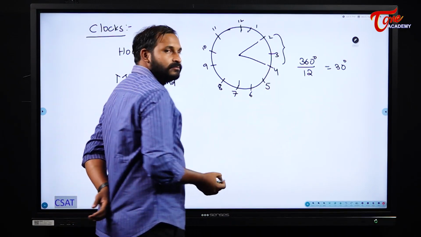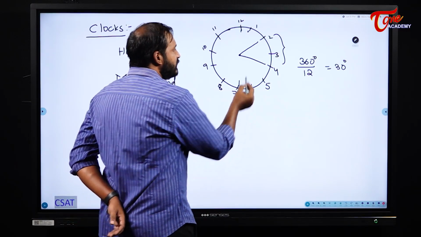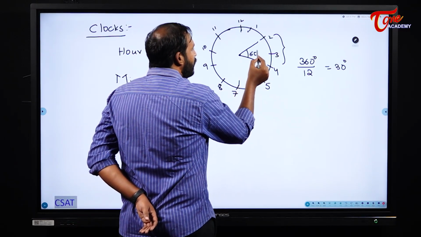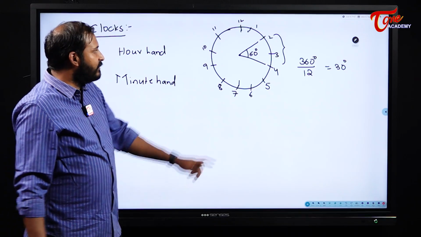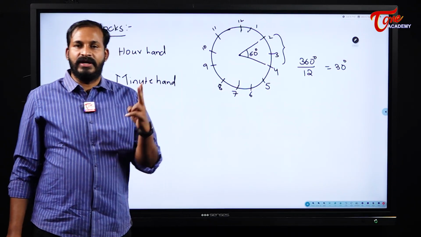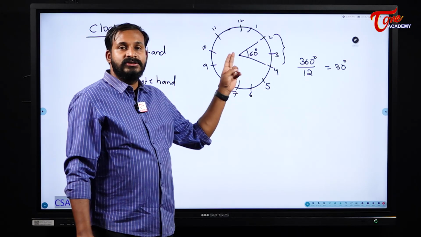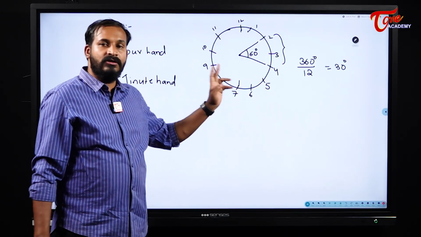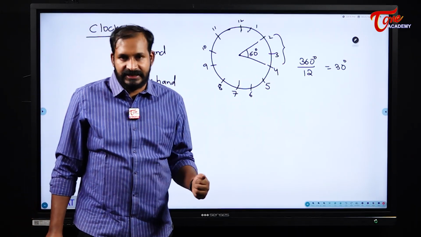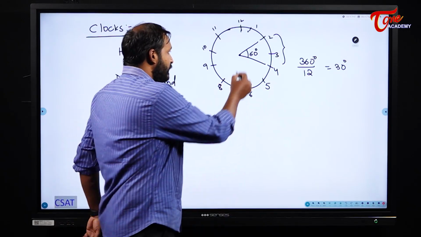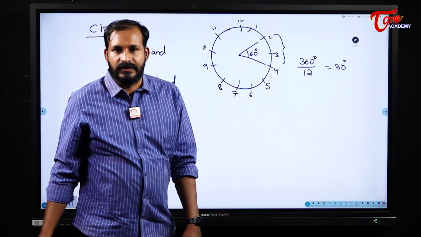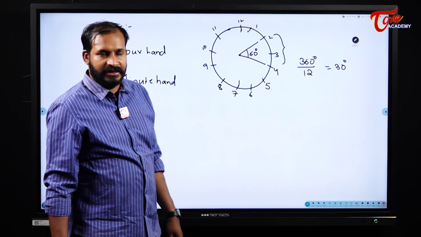Two parts, right? That means it will travel 60 degrees. Why? Because between 2 and 4 we have two portions, and each portion is equal to 30 degrees. The distance here means only the angular distance, nothing more than that.